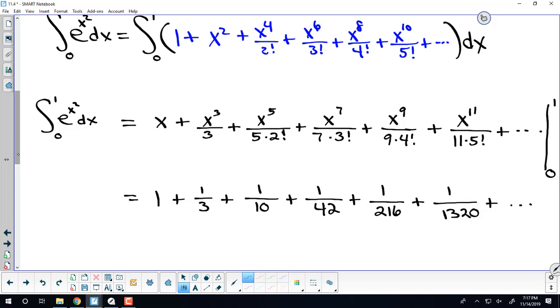So we want an error less than 10 to the negative 2, and all we do is go look for this term here.